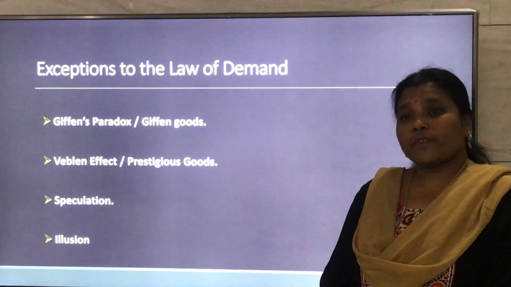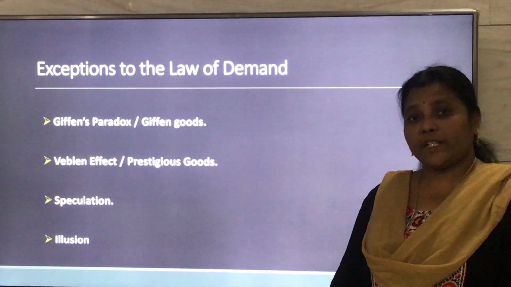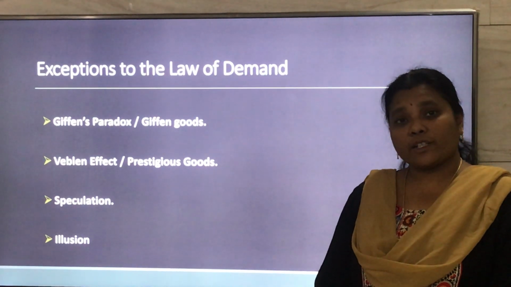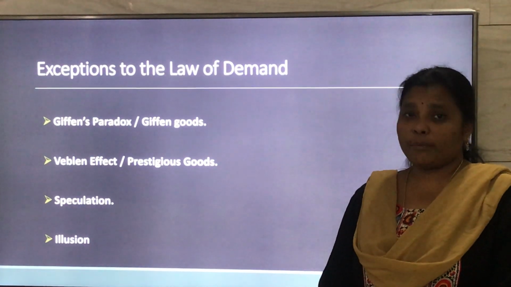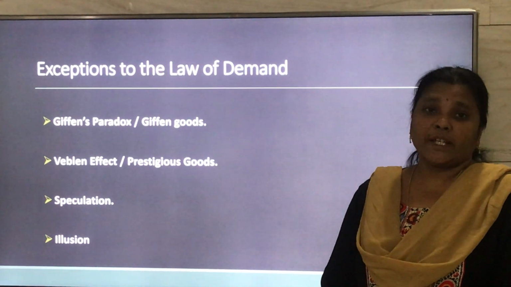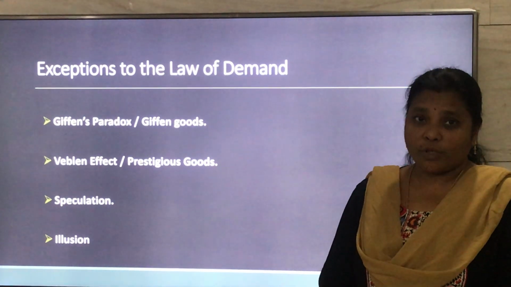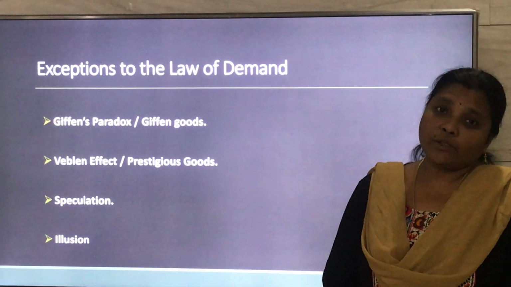So because of which the quantity demanded also reduces. So there is a direct relationship between price and quantity demanded. The simple reason is people's illusion, thinking that a slight decrease in price may reduce the quality of the commodity, and the demand also decreases.